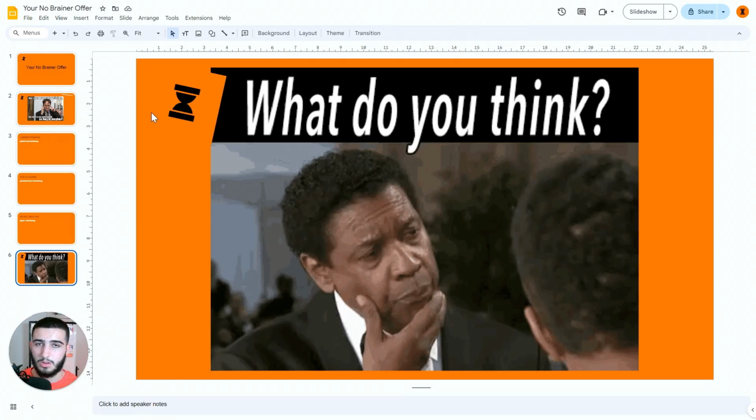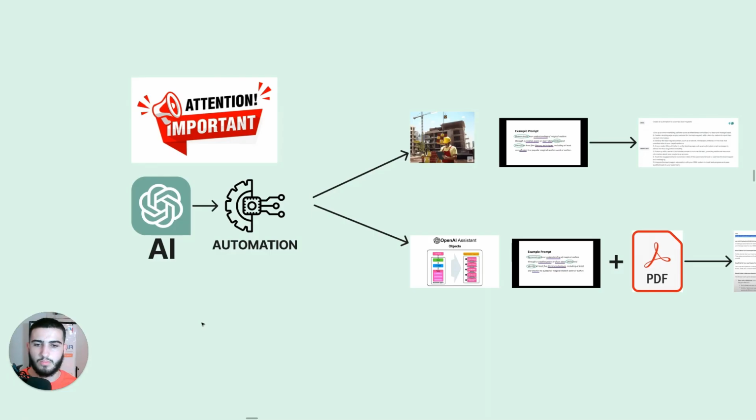Nothing complicated, guys. For now, let's talk about how we're going to be generating these responses using AI. One very important thing I want to mention is that when using AI automation, there are two main things you can do. You can go down the road of building your own prompts within the automation itself, or you can go down the road of creating your own assistant.